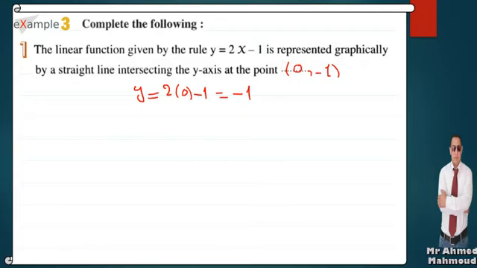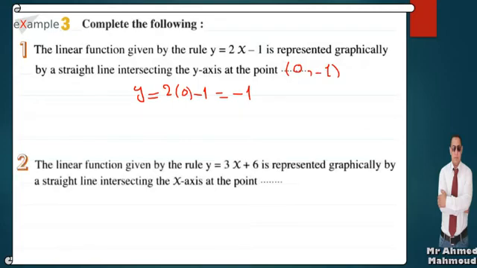The next example, the linear function given by the rule y equals 3x plus 6, represented graphically by a straight line, intersects the x-axis. To find the intersection of the x-axis, put 0 in place of y. Then y equals 0, therefore 3x plus 6 equals 0.